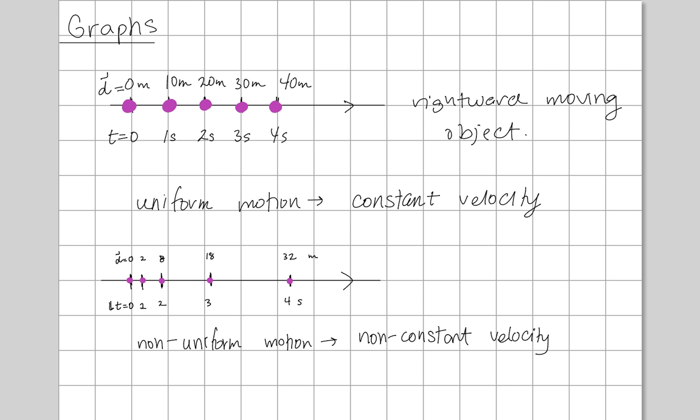Non-constant velocity, the velocity is changing. The first thing we have would be a linear graph, and the second thing we'd have would be a non-linear graph, or just a curved graph. So basically linear versus non-linear, constant versus non-constant, uniform versus non-uniform. All sort of the same words for the same thing.